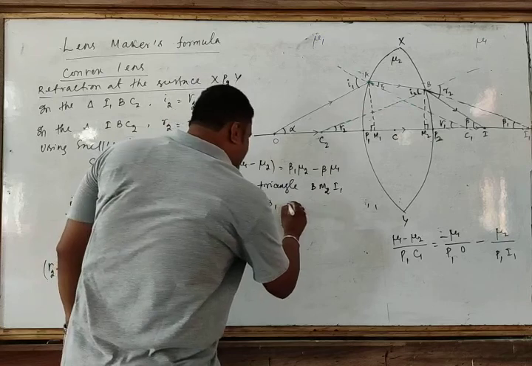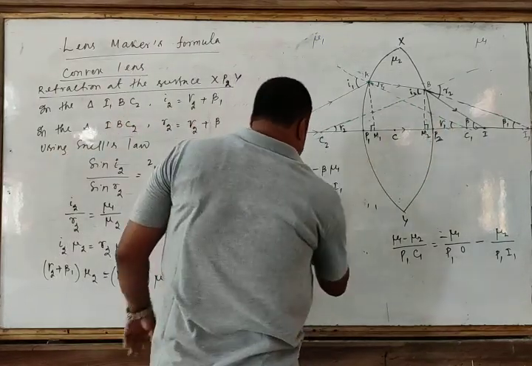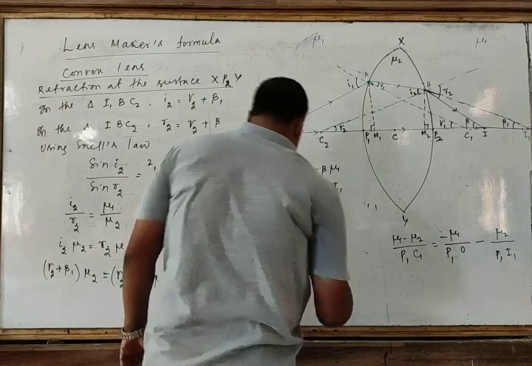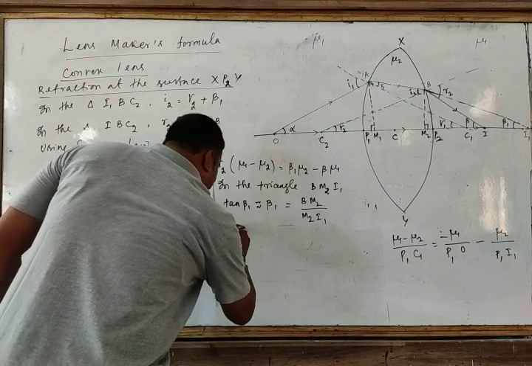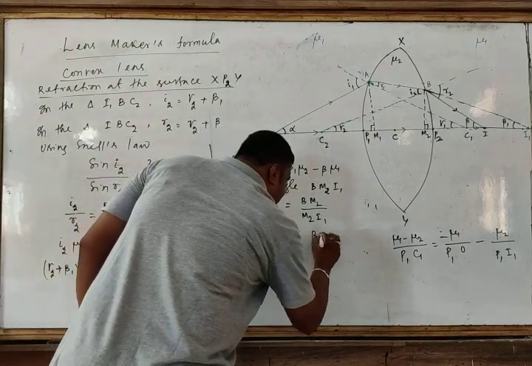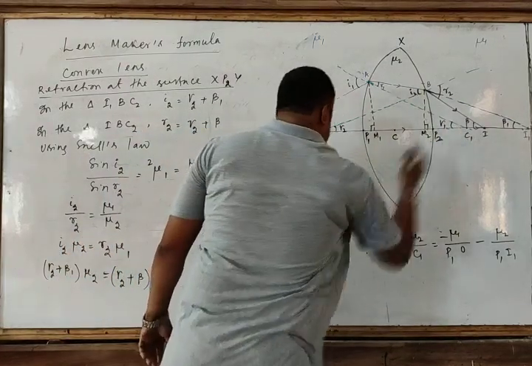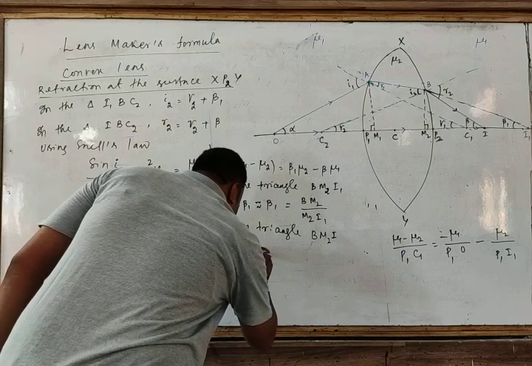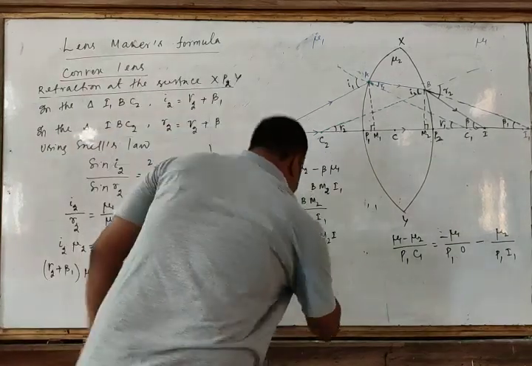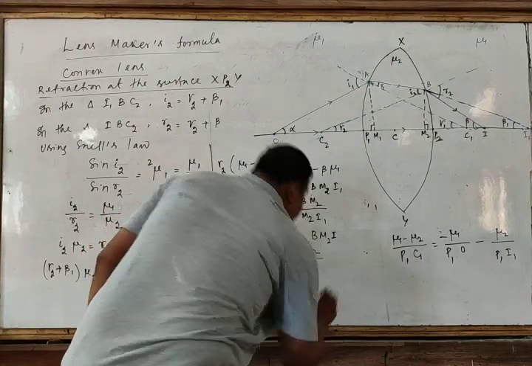Tan beta 1 is equal to B M2 divided by M2 I1. In the triangle B M2 I, tan beta for small angles, that is beta, is equal to B M2 divided by M2 I.